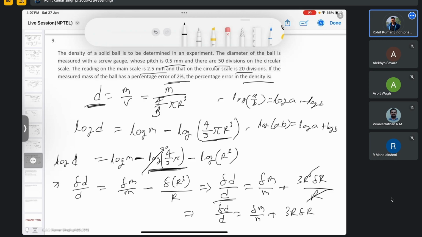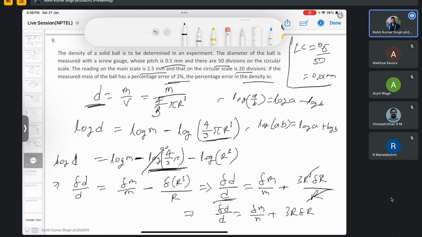Okay, and you have everything, see, you can calculate the least count. So what will be the least count of the screw gauge? It is pitch, which is given 0.5 mm divided by number of divisions, which is 50. So least count is 0.01 mm.